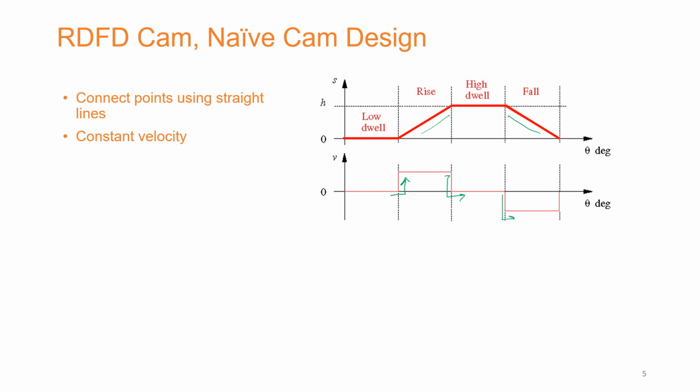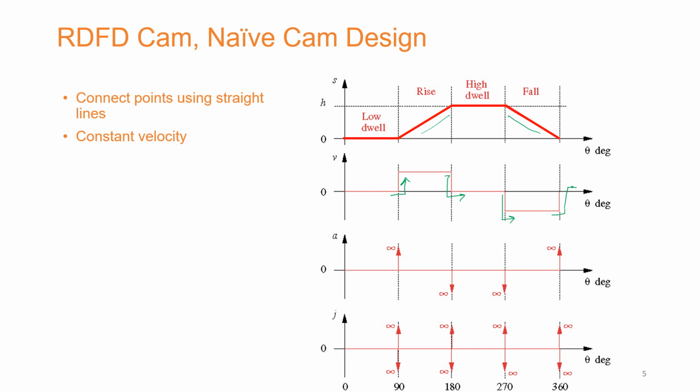And you can make this observation at these points as well. So it means that the velocity is trying to change very quickly from a low value, zero value, to a higher value, and this was a problem. And when we observed the acceleration and jerk diagrams as well, we observed even bigger problems, where you observed impulses of infinite magnitude, which obviously is not going to make this cam profile good enough in terms of the force requirement as well as in terms of the vibrations that it might induce.